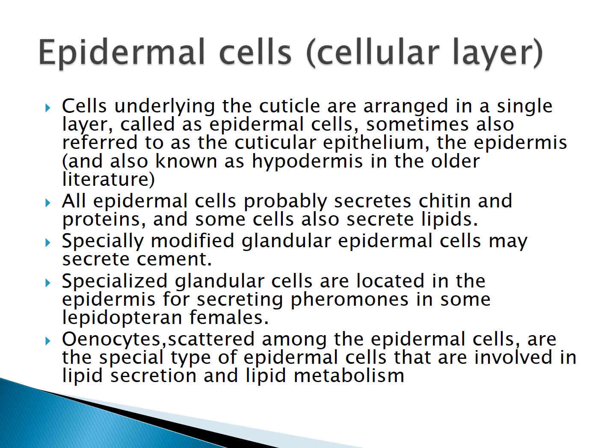Specially modified glandular epidermal cells may secrete cement. Specialized glandular cells are located in the epidermis for secreting pheromones in some Lepidopteran females. Oenocytes scattered among the epidermal cells are special types of epidermal cells that are involved in lipid secretion and lipid metabolism.